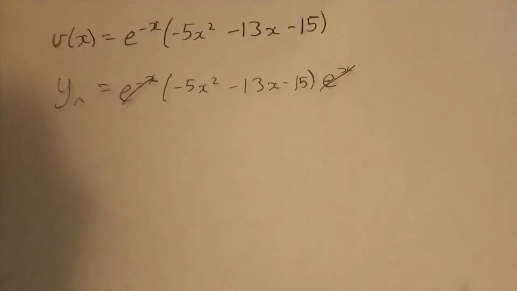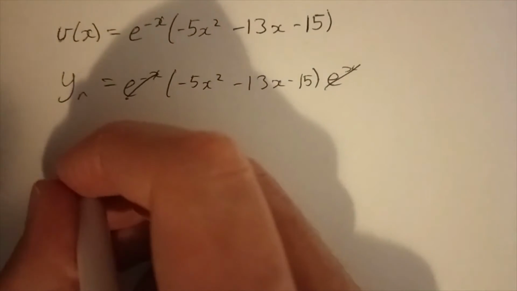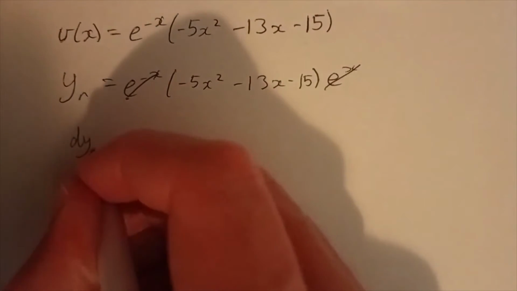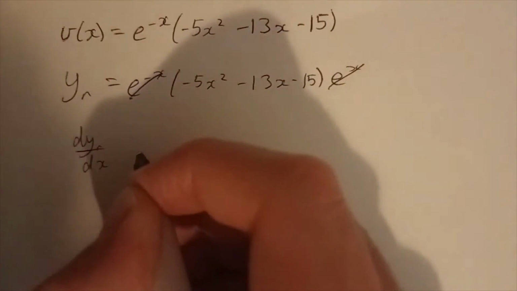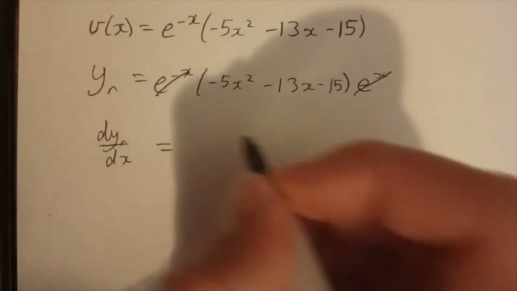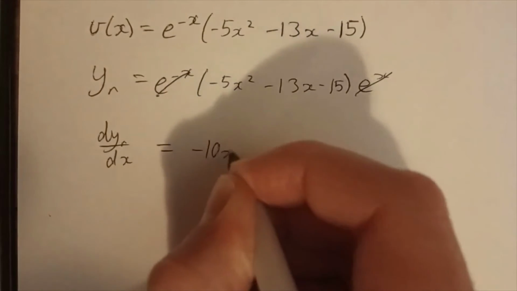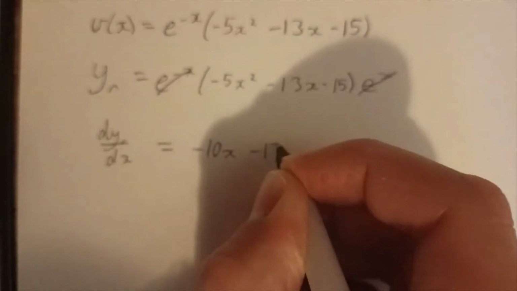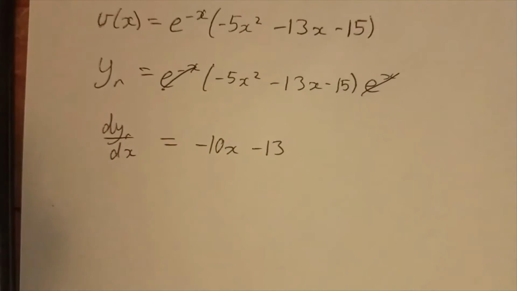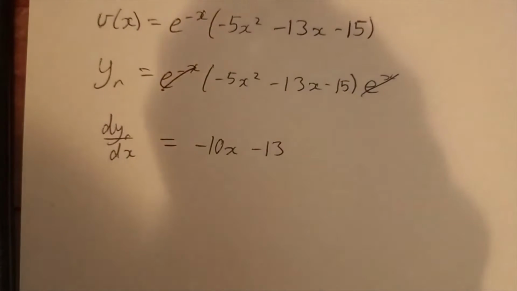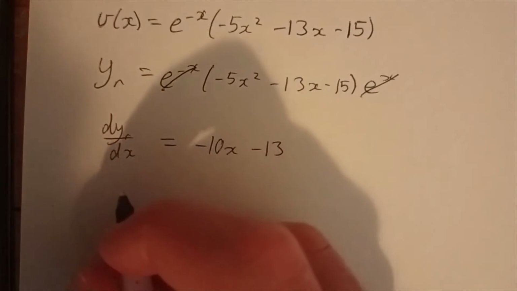So first we need to take the derivative of this yp, dyp/dx equals negative 10x minus 13, and then we substitute that back into the equation.